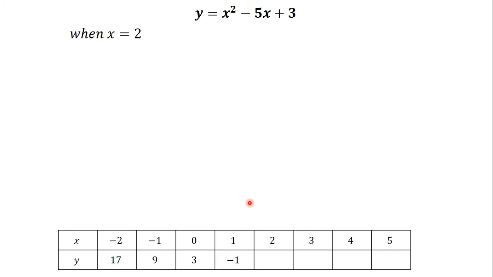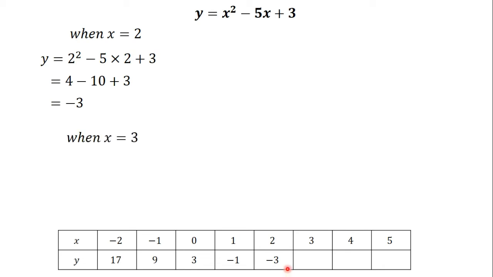The next x value in the table is 2. When x is equal to 2, y will be equal to 2 squared minus 5 times 2 plus 3. This will give us 4 minus 10 plus 3, and 4 minus 10 plus 3 will give us minus 3. So when x is equal to 2, y is equal to minus 3.